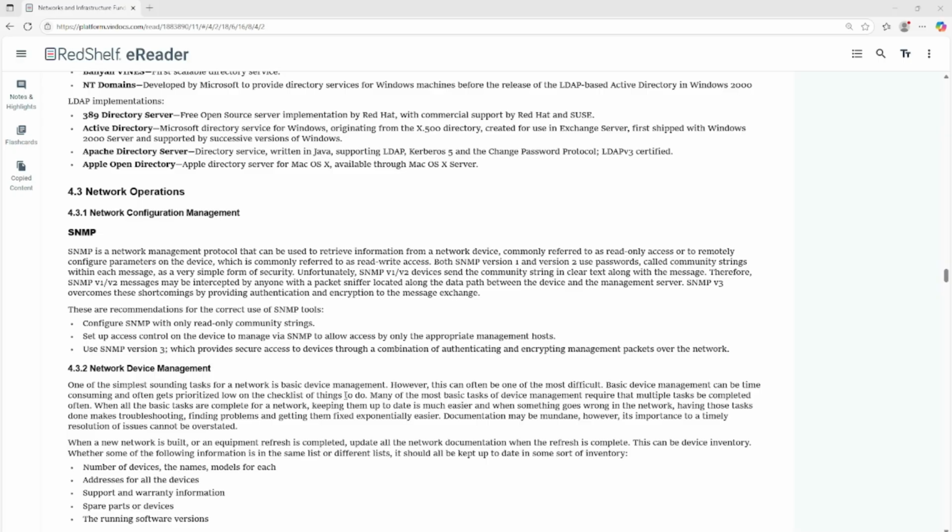So, for instance, total number of devices, device models and names, address for each device, support or warranty information for each device, spare parts and devices. So it's basically updating when the new network is built. Yep, just updating.